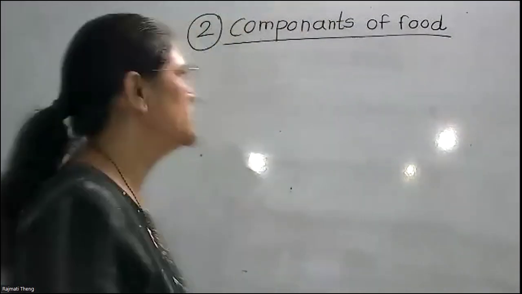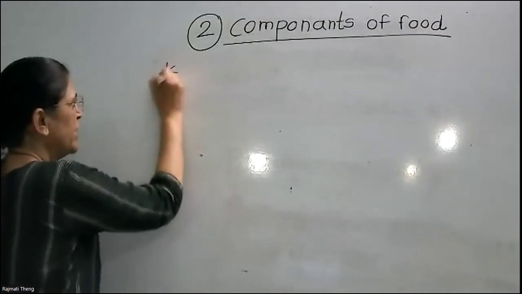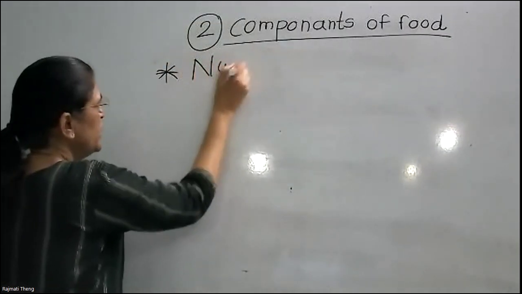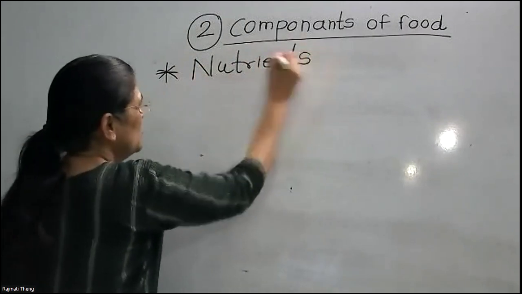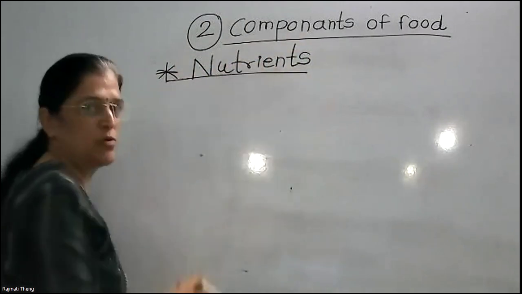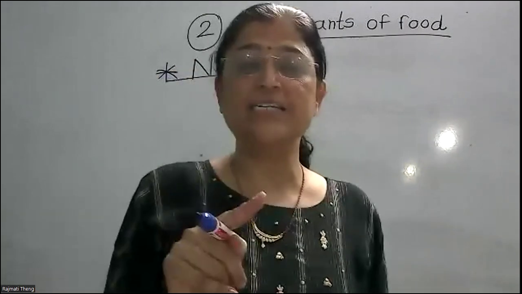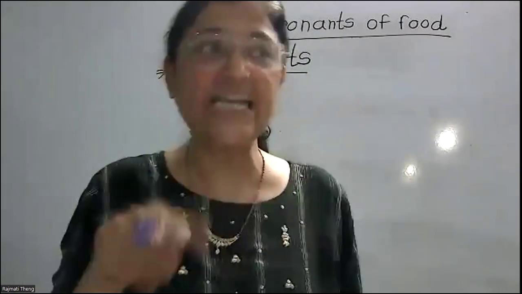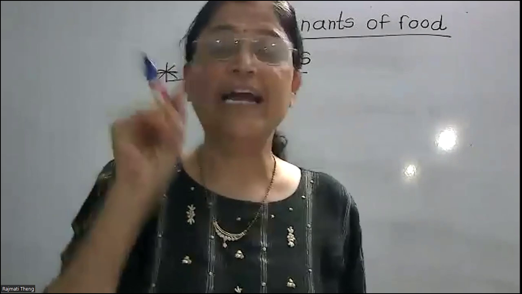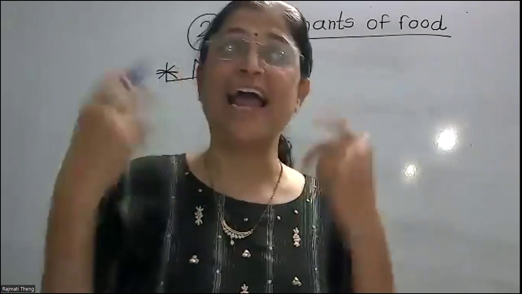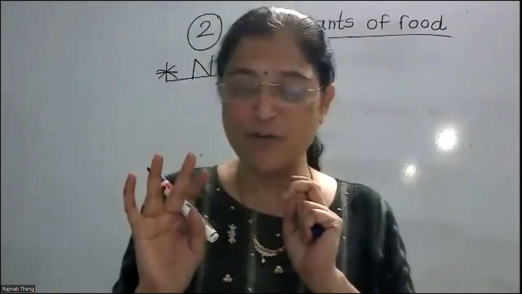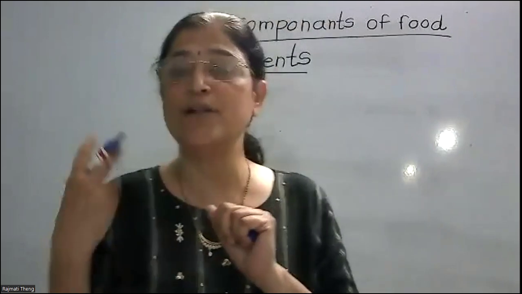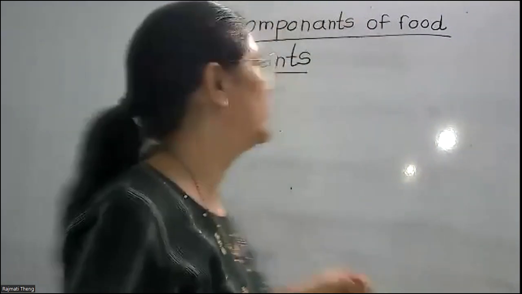So first one, again may I repeat, you should know the definition of nutrients. The chemical substances which are present in the food and they are important for growth and to stay alive. Okay, they are important for the growth and essential for the development of our body.